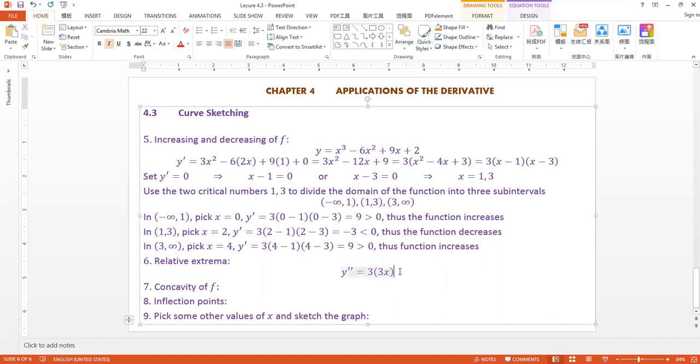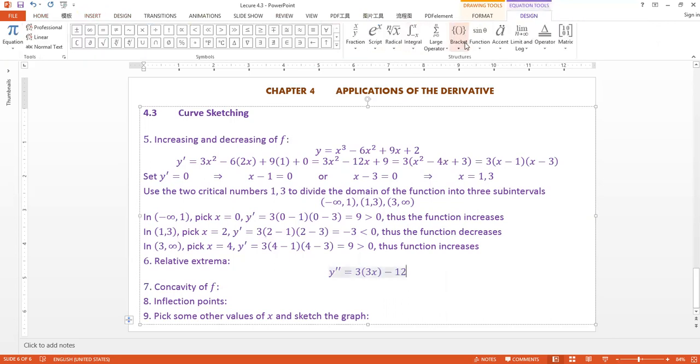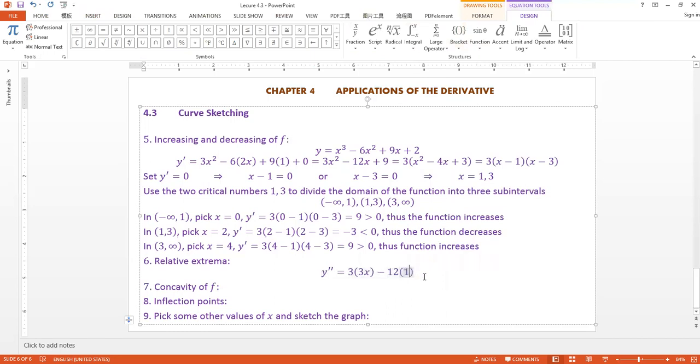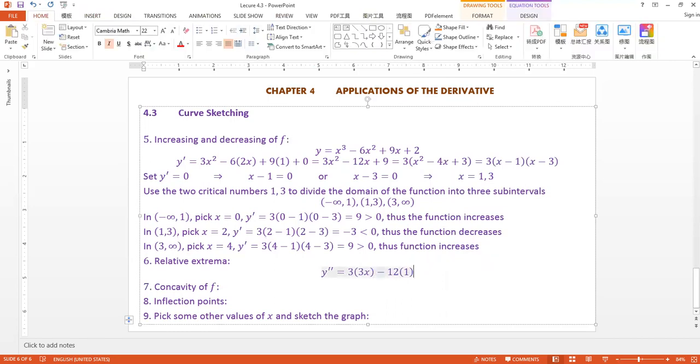The second term is negative 12 times the derivative of x, which is just 1. And the derivative of 9 is 0.